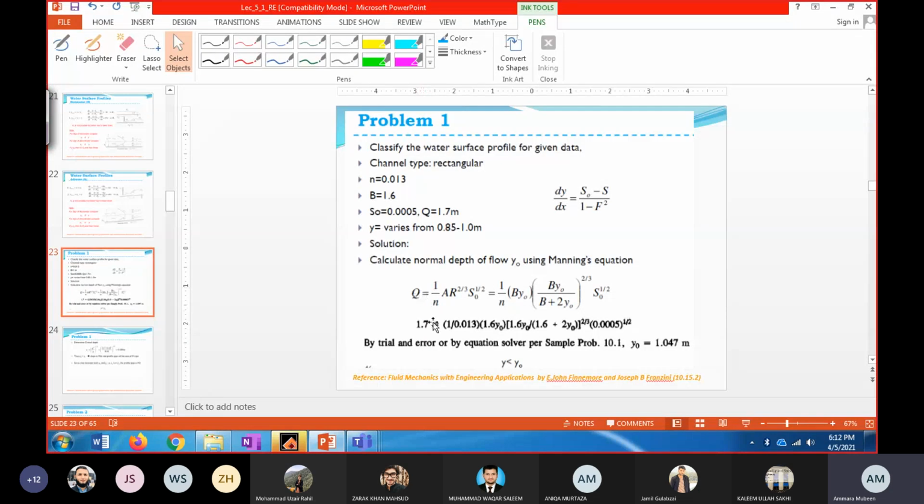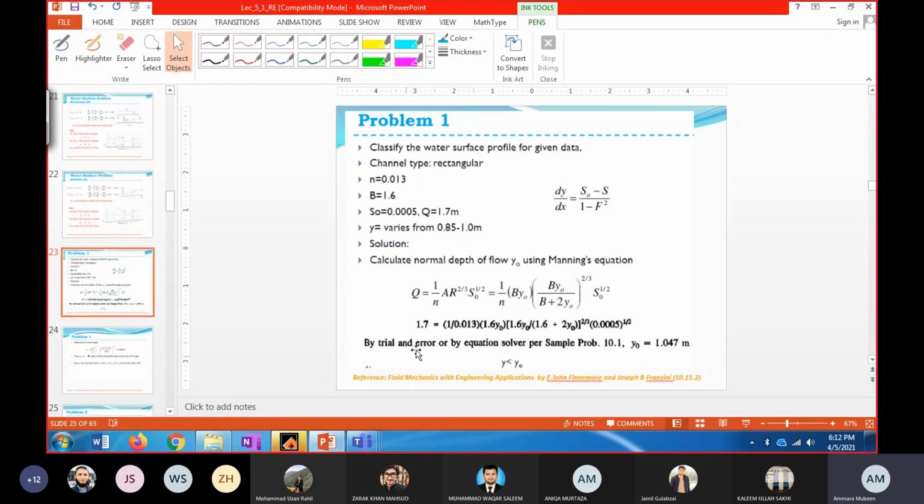You can find out the uniform flow depth using the trial and error method, or you can just directly solve it in the calculator using equation solver. Okay, so Y naught came out to be 1.047 meter, and this Y naught value is greater than Y, as Y varies between 0.85 to 1.